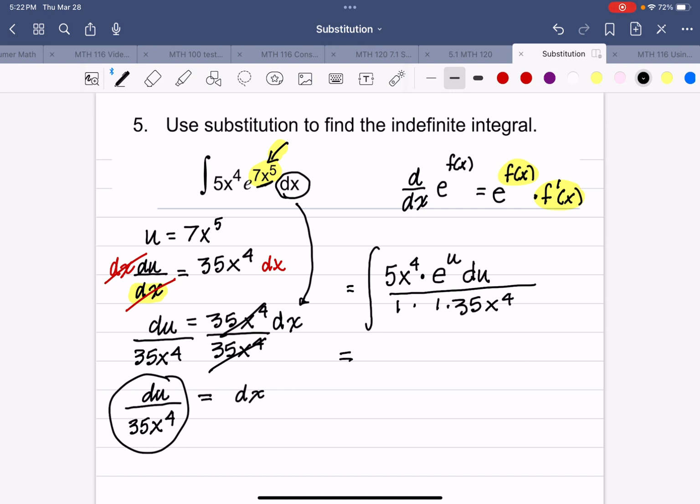So I can do some reducing, just regular fraction reducing. I have a 5. It will divide into my 35 and leave a 7. I have an x to the 4th, which will divide into my x to the 4th and leave a 1. So all that I have left is going to just have u's. I've got an e to the u du, and that's over 7.